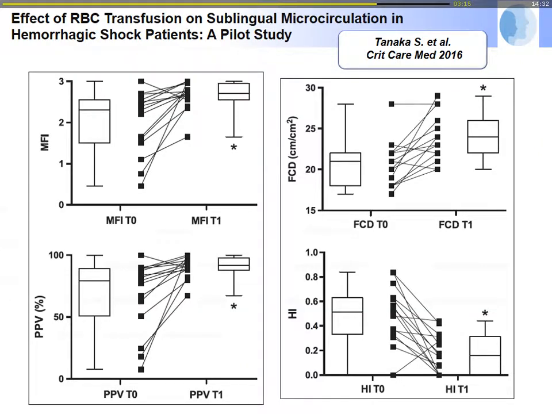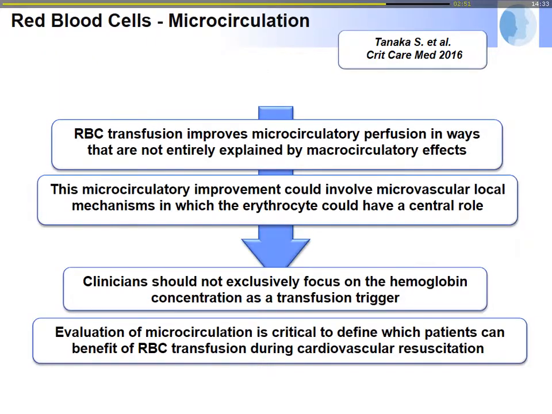Even if the systemic hemoglobin level was okay, at the level of microcirculation, in some patients, the microcirculation was clearly altered. And when we give 1 unit of red blood cells, which is not a lot, we can see in most of the patients a very nice improvement of the microcirculation.